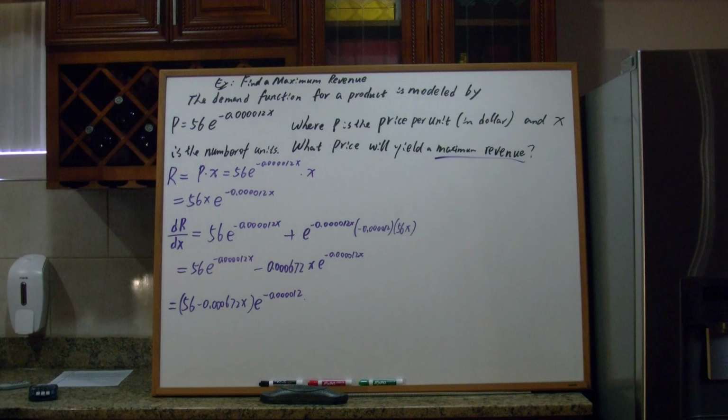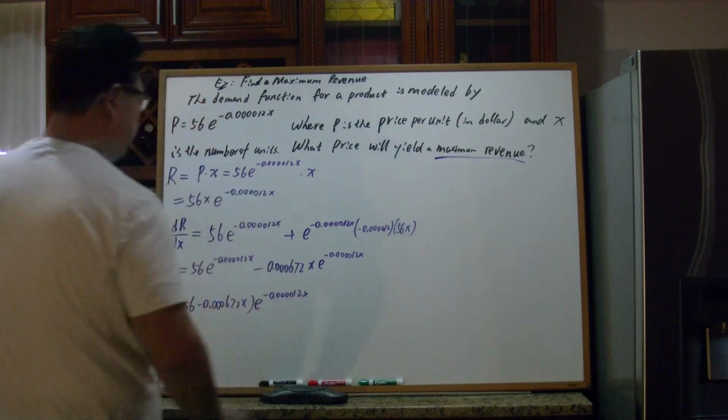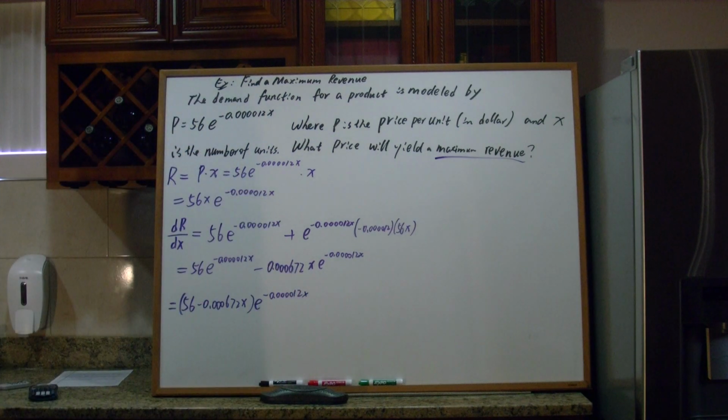Right, that's our first derivative. So we get 56 times e to the negative 0.000012x minus e to the negative 0.000672x.